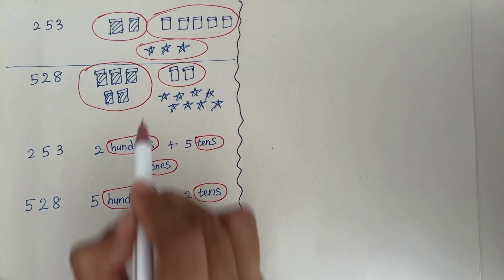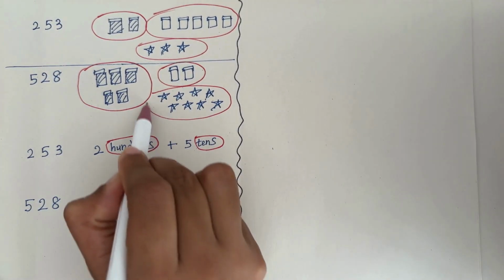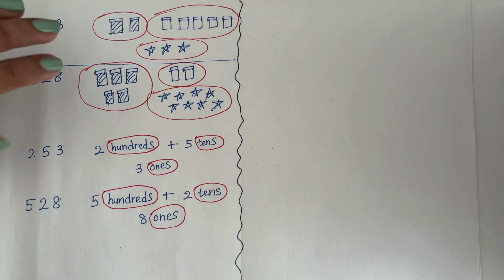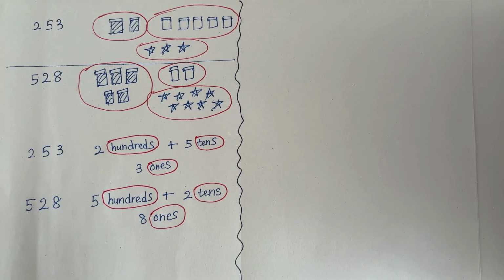Here we have 8 ones. So this is what is meant by this representation. Each and every number is composed of these values: ones, tens, hundreds. If we have more than that, we can say thousands, 10,000s. Likewise, every number is composed of these values.